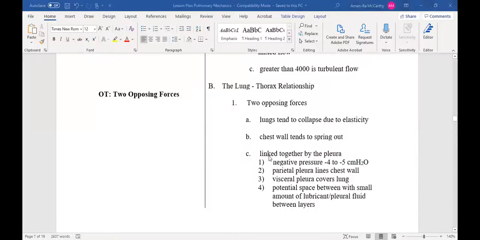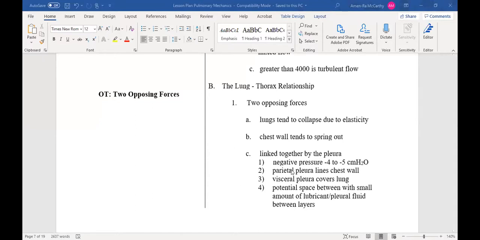All right. Now, the lungs and the thorax are linked together by the pleura. The pleura that's on the actual lung is called the what? Visceral. The lining that's actually touching the lung is the visceral pleura. Good.